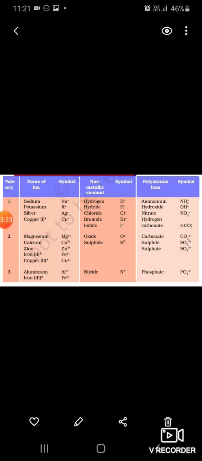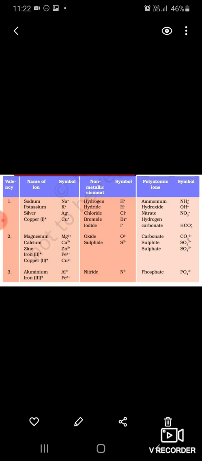Okay, so this is the table from your textbook. Here you can see a list of cations and anions. Cations are positively charged and anions are negatively charged. Now see sodium Na plus, potassium K plus, silver Ag plus, copper Cu plus, right?